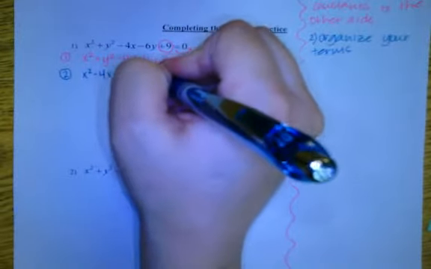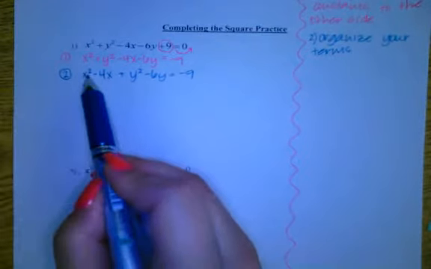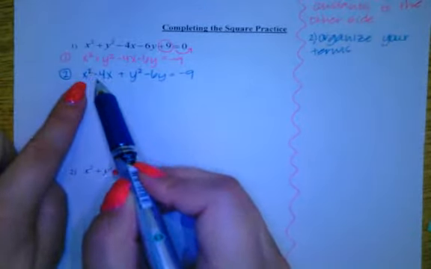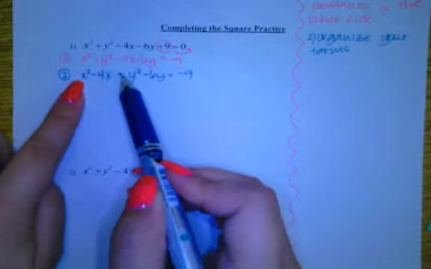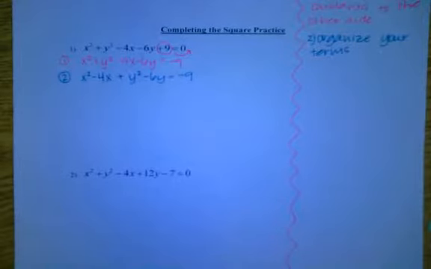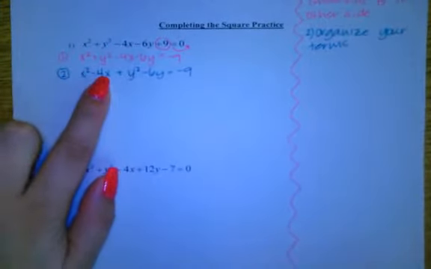I want to organize my terms by their exponent. So my x squared needs to come first, minus 4x plus y squared minus 6y. So I want my x's next to each other and my y's next to each other, and then I want them in descending exponent order. So x squared has an exponent of 2, 4x has an exponent of 1. That's why x squared goes first. That's why y squared goes first.